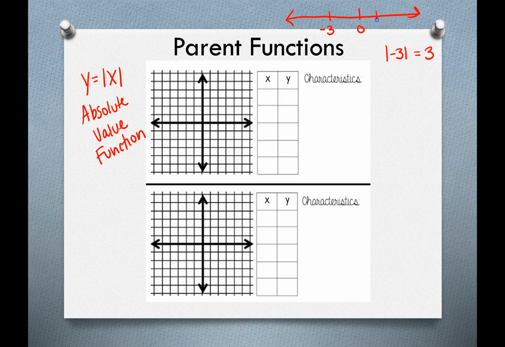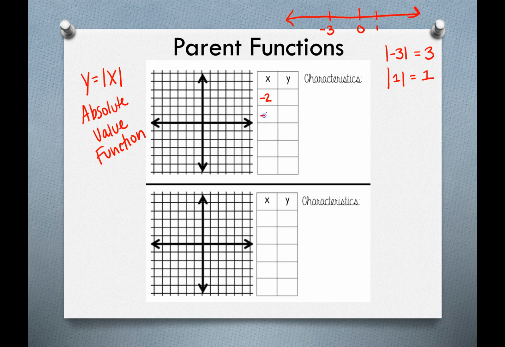What about 1? How far is 1 away from 0? Well, it's also just 1 unit away. So the absolute value of any negative number is positive, and the absolute value of any positive number is also positive.